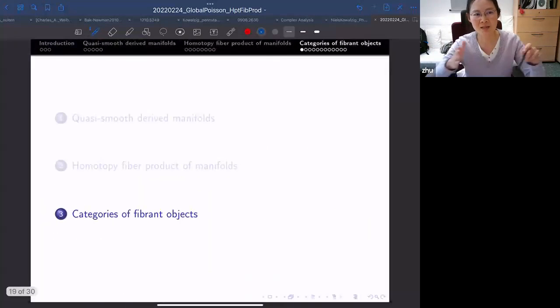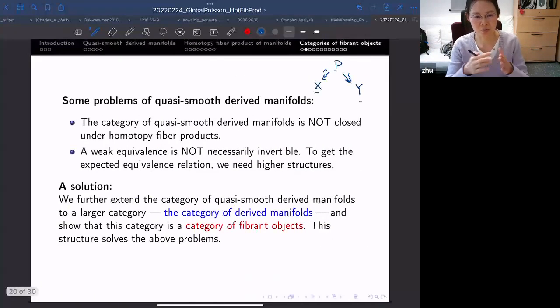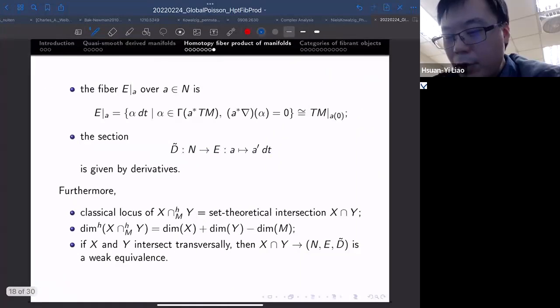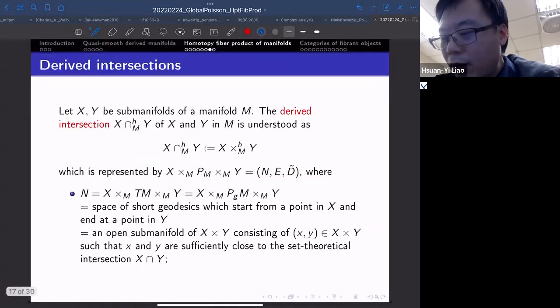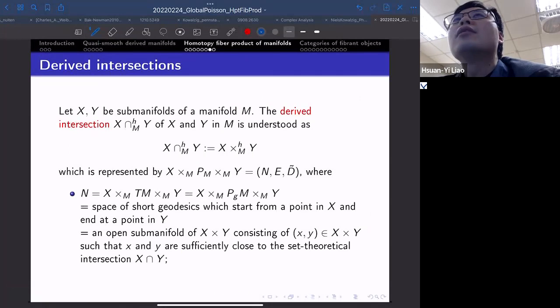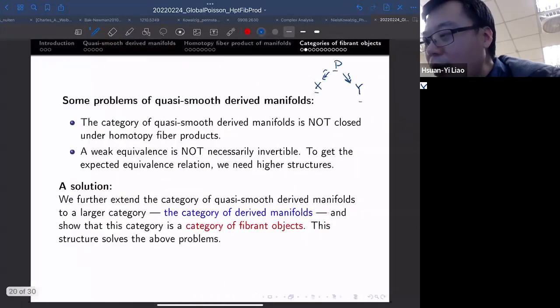Do you really need to go to infinite length? You mean if I have a weak equivalence between quasi-smooth derived manifolds?